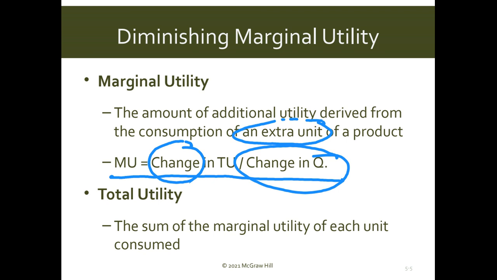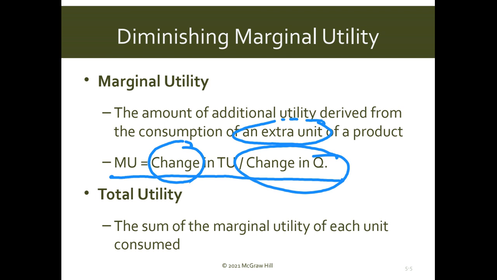And you can also calculate total utility by adding all marginal utilities. Of course, if I know the value of marginal utility for every unit, and I want to calculate the total utility of all units, I just add my marginal utilities up, all these values.